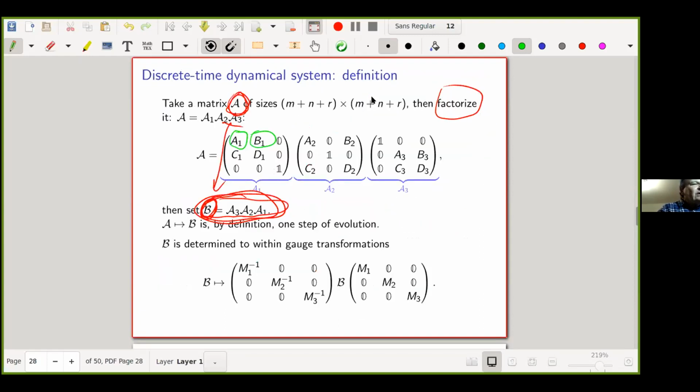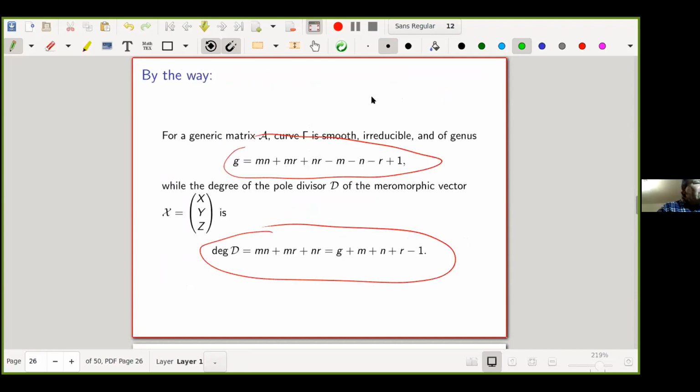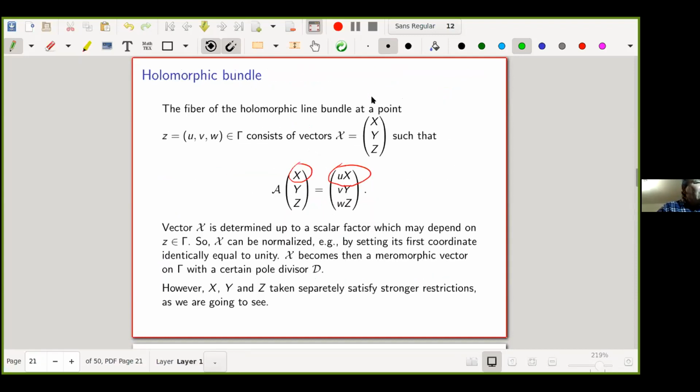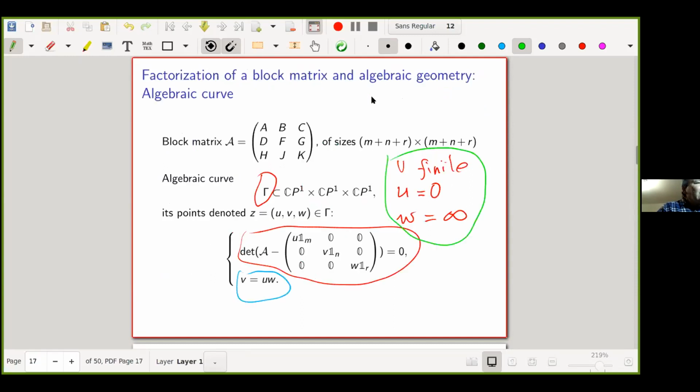So you have, sorry, you have here is the system of equations that gives you this vacuum curve, or not vacuum, anyhow this curve gamma.